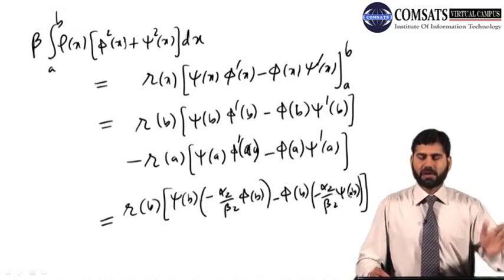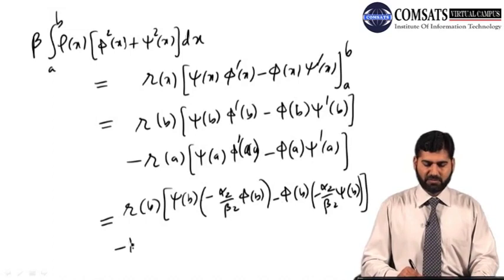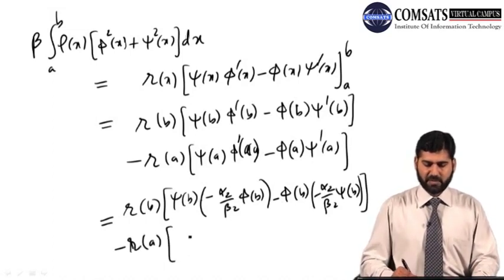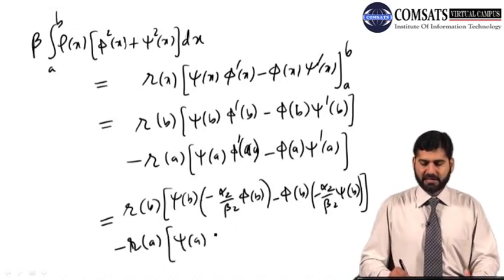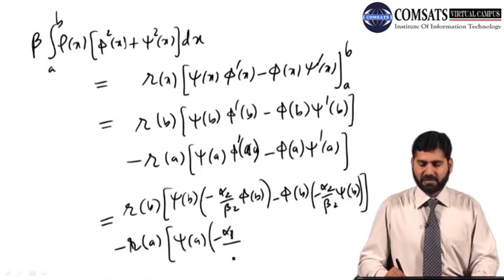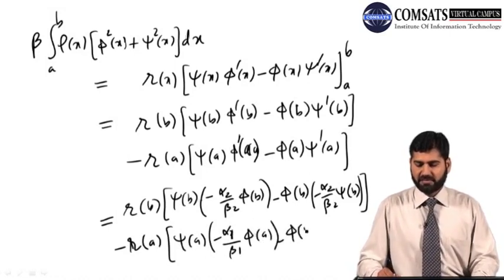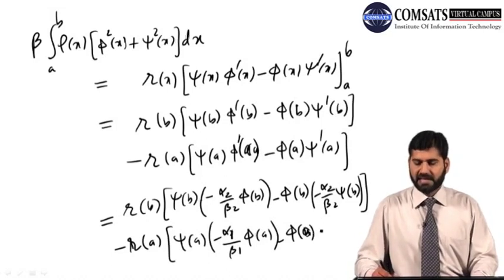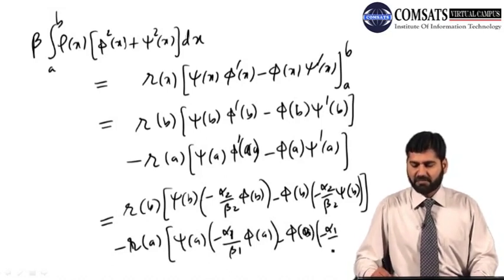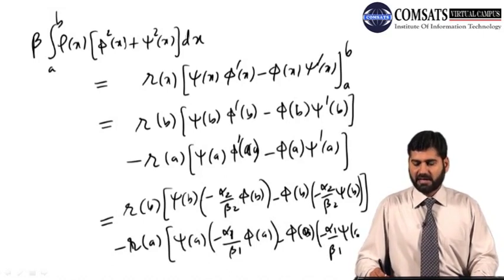As before in proposition 1 we used them, so they are exactly the same equation. So again psi of a, nothing different, at a it is minus alpha 1 by beta 1 phi of a, and psi is again minus alpha 1 by beta 1 psi at a.